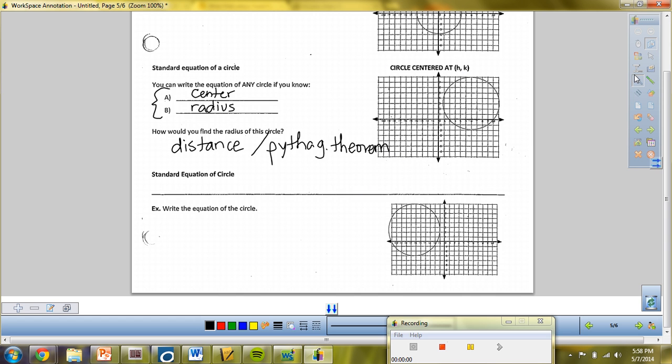Here we see up at the top, it says the circle is centered at (h, k). h and k are just the generic letters that we give for an x and a y when something has been shifted. So I'm going to call my center (h, k). So here is my center of the circle.